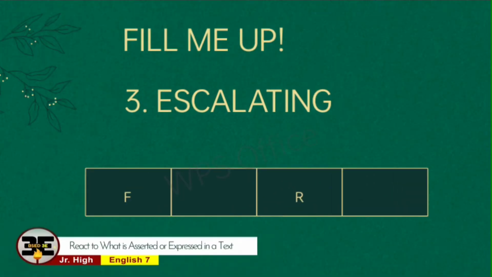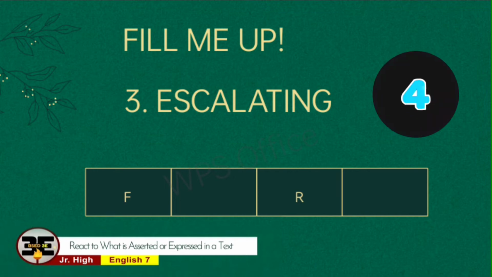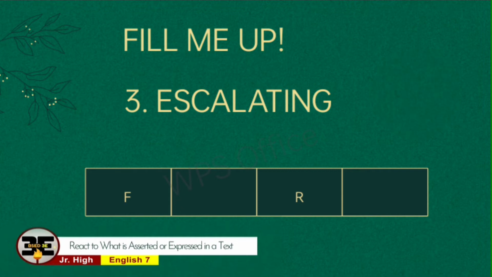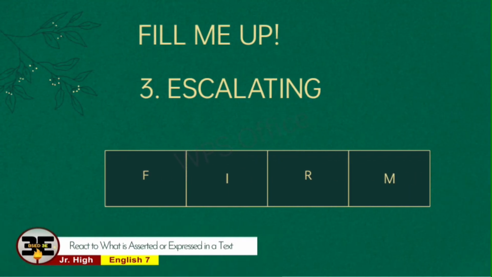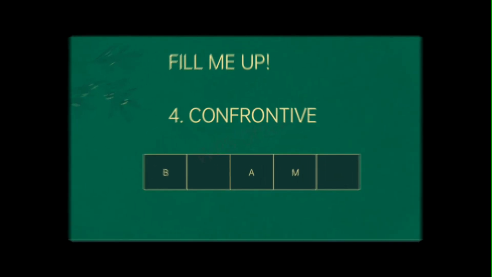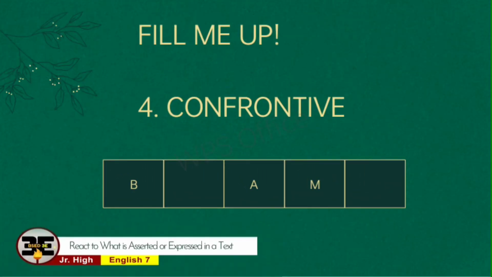Number 3. Escalating. What do you think are the missing letters that will complete the word? What's your answer then? Great job! The answer is firm. Number 4. Confrontive. What do you think are the missing letters that will complete the word?